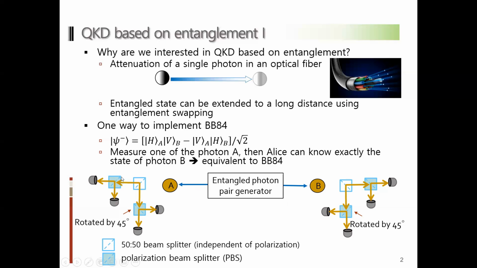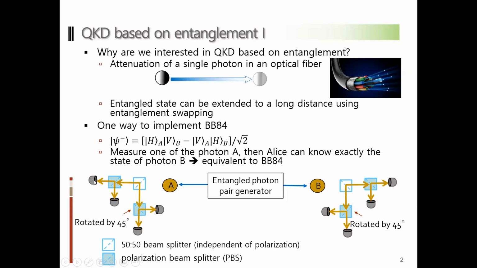You are familiar with the concept of the polarization beam splitter, because that's how we can measure the polarization of the photon. Typically, with this kind of polarization beam splitter, the horizontally polarized light will go through here, while the vertically polarized light will go through here.